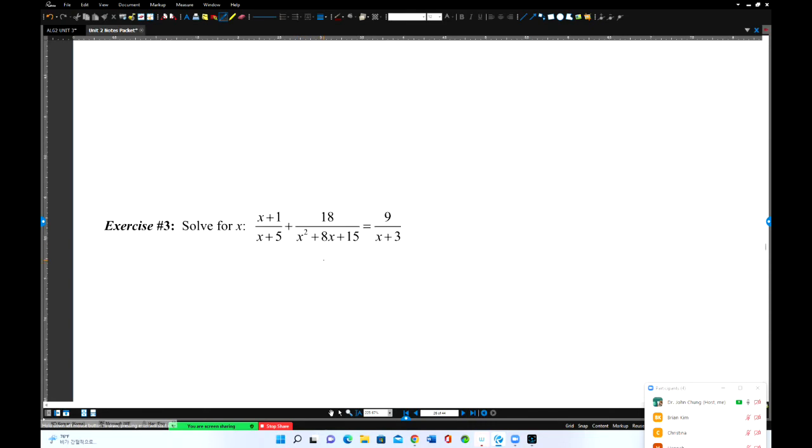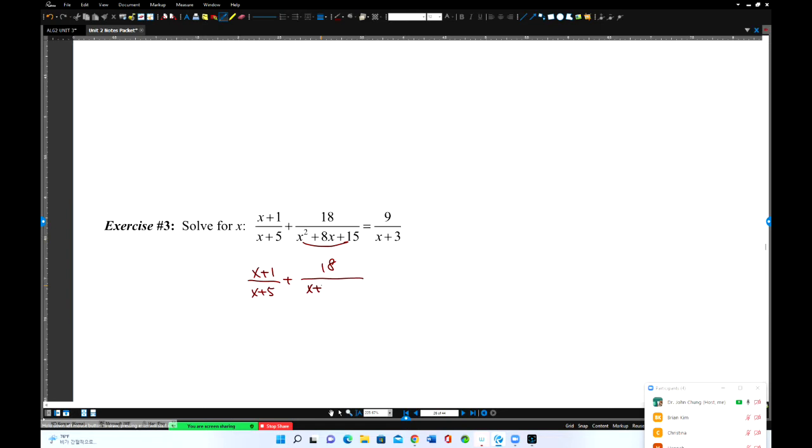What is the least common multiple? Because all of these are denominators, there's no numeric fractions, so this will look like this one. x minus 1, x plus 5. Second one is 18 over, you need to factor, okay? Always when you want to find the LCD, the denominator should be completely factored.